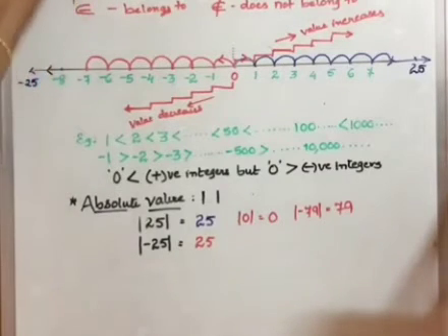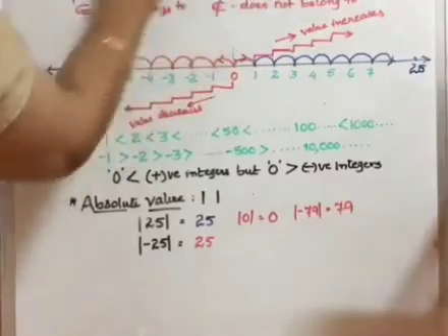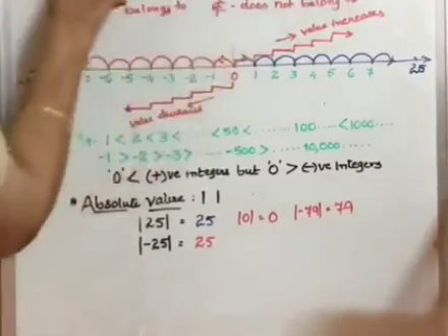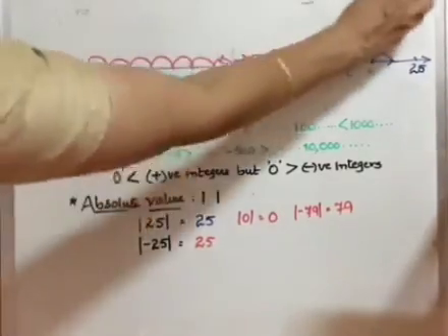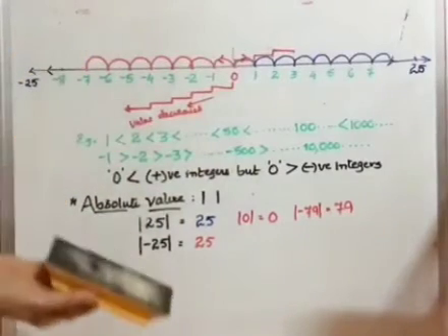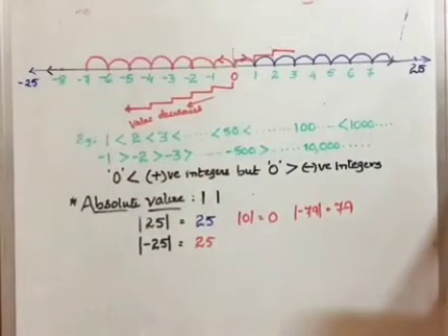Next, we move on to addition of integers. That is, addition of integers on a number line and without a number line. Okay?